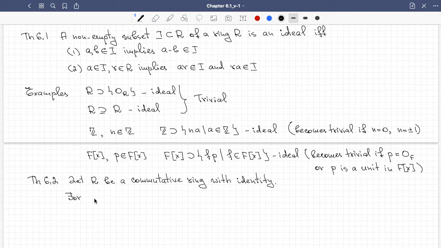For any c an element of the ring, so both Z and polynomials are commutative rings with identity, for any element of the ring, the set of all multiples of this element, now it doesn't matter, since the ring is commutative, whether rc or cr, for all r in the ring, is an ideal.